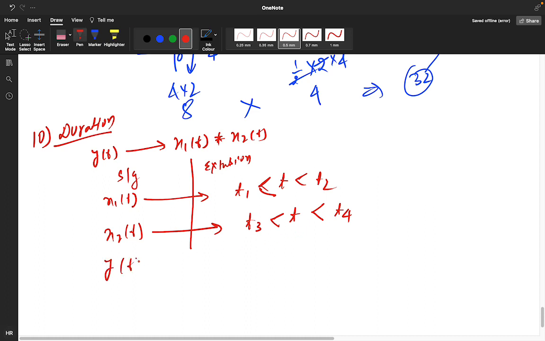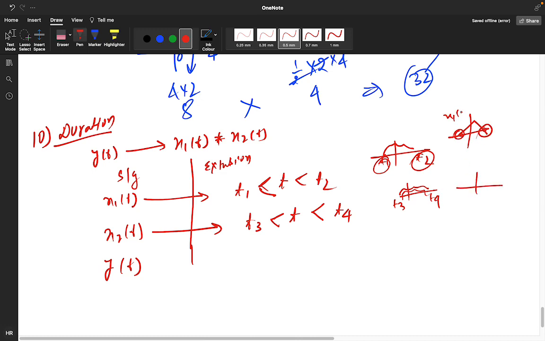You have some particular signal x1, this is t1, this is t2. You have a particular x2 signal, this is t3, this is t4. After convoluting these, you will get some signal like this.